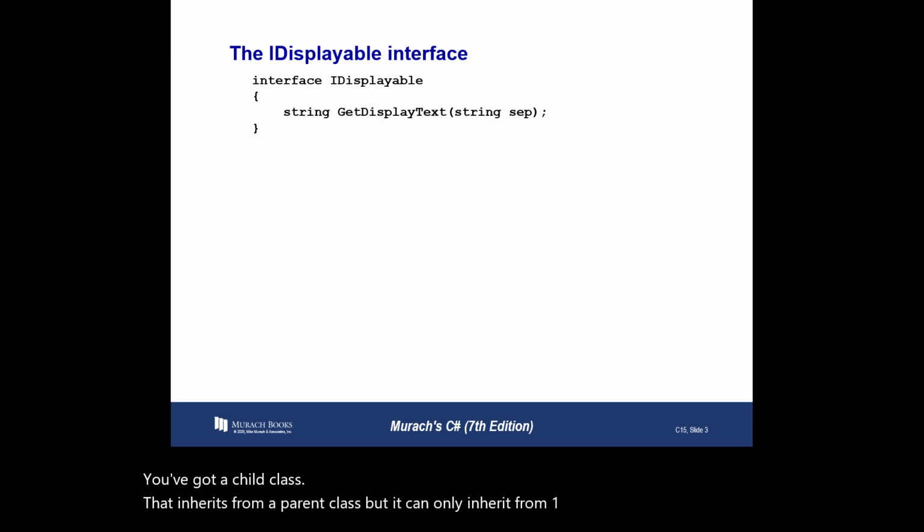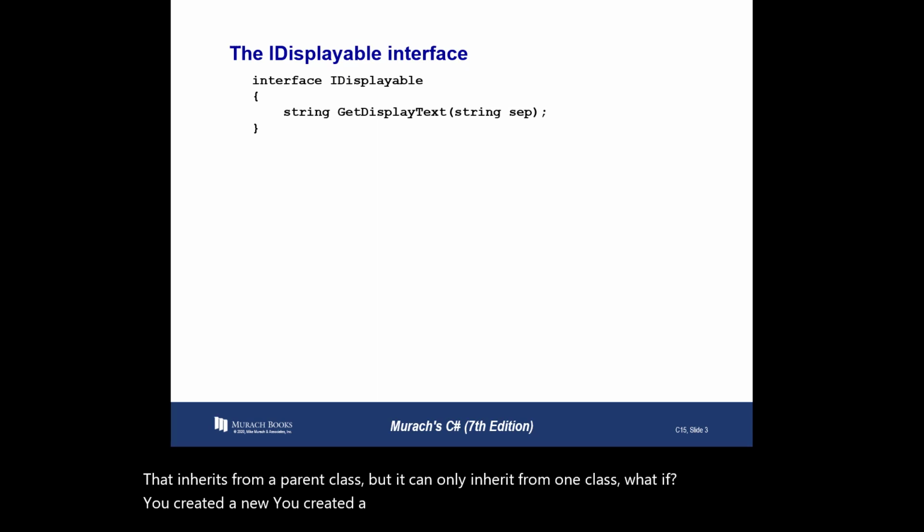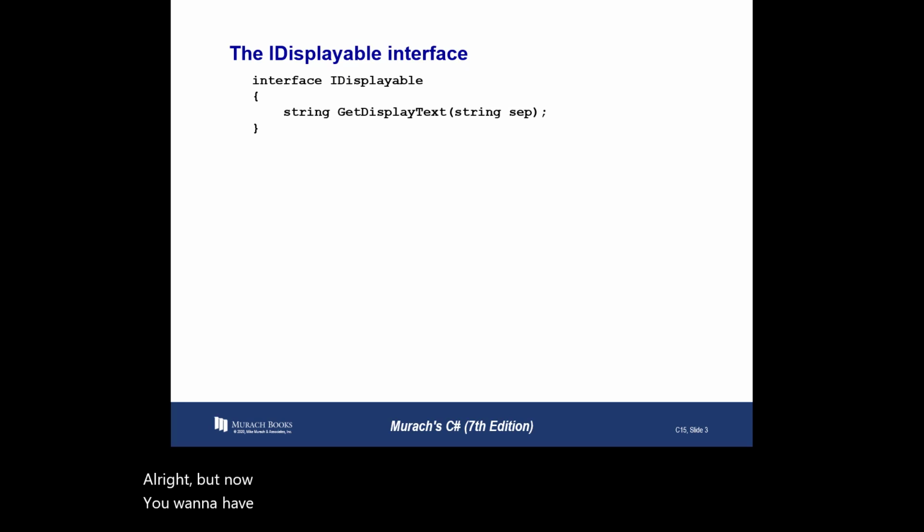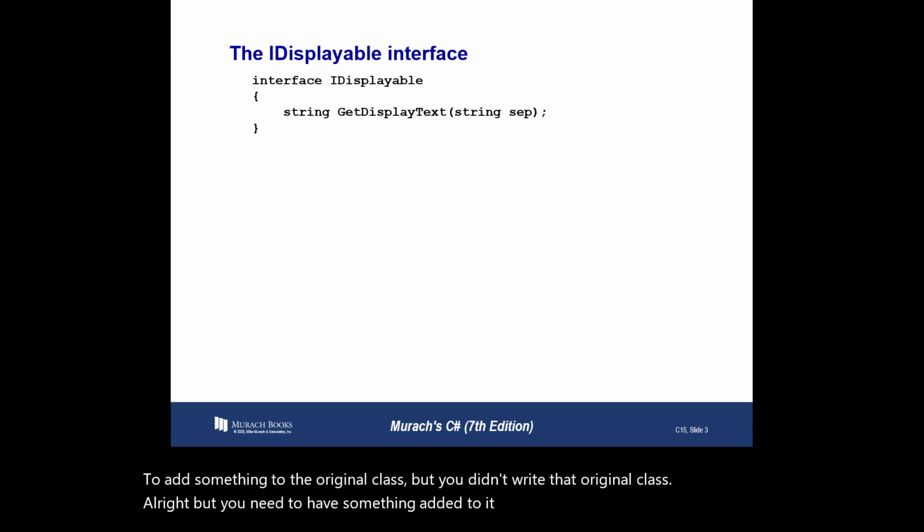What if you created a class and you inherited from a parent? All right, but now you want to have other people inherit from your class. All right, but you really need to add something to the original class, but you didn't write that original class. All right, but you need to have something added to it so that everybody can use it. Well, you can add an interface.